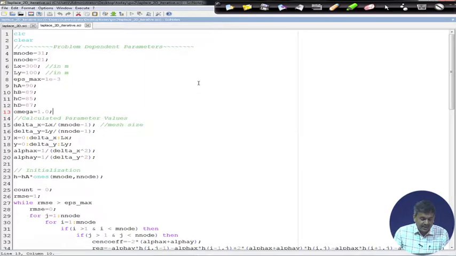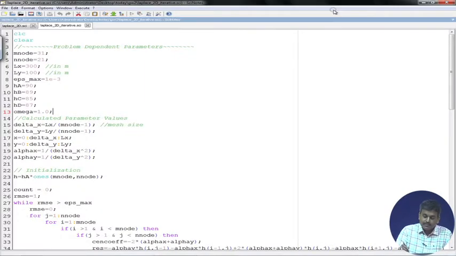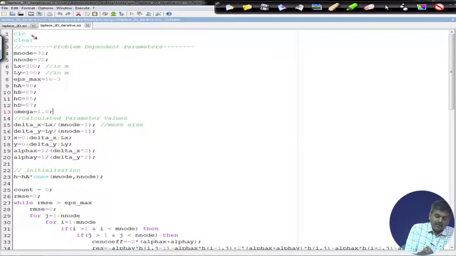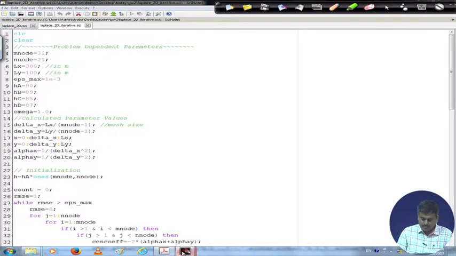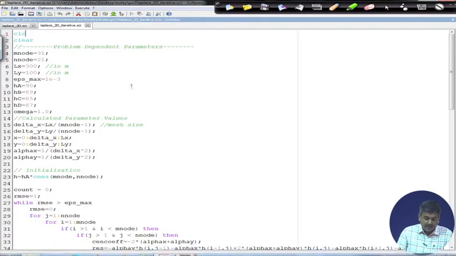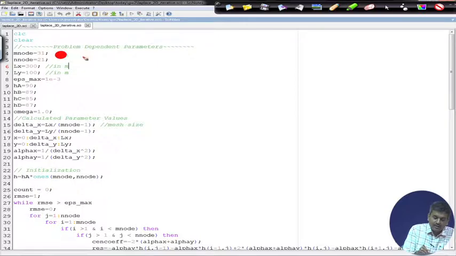Now, in this case, clc and clear are common. M node is 31, N node is 21, LX 300, LY 300, and EPS max, this is epsilon maximum.